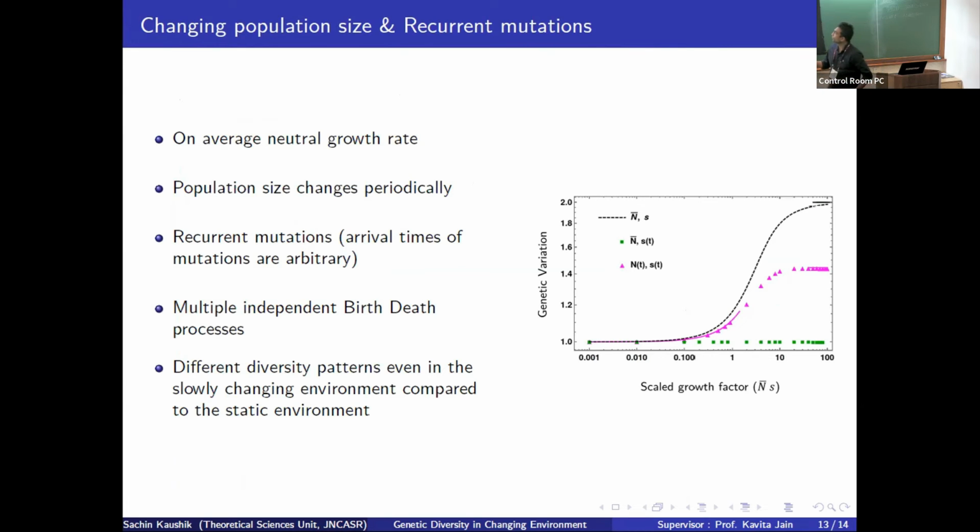If we do so and again calculate the genetic variation, this black dashed line is for the static environment, whereas the pink one is for the changing environment, where both are changing. Now we can do the mathematics to find out whether it will decrease or increase. It depends upon how much phase difference there is between the population size and the growth rate.